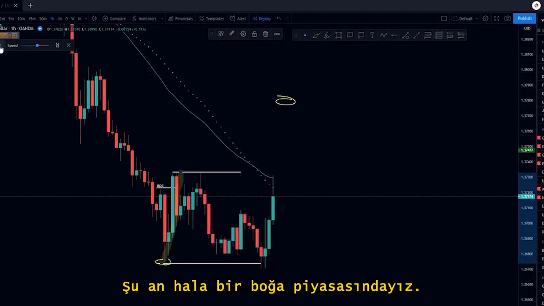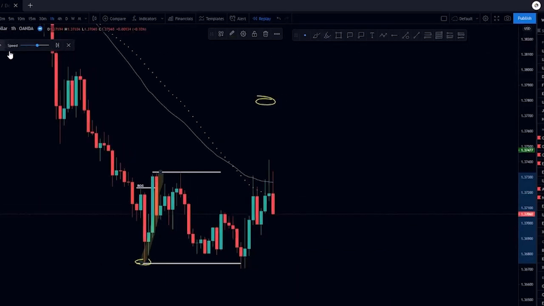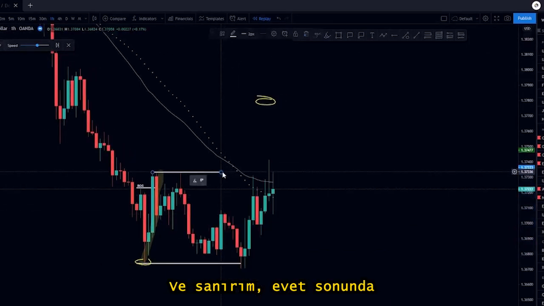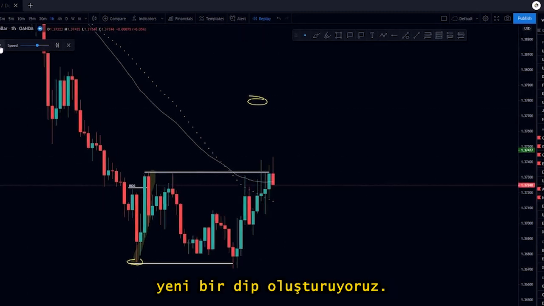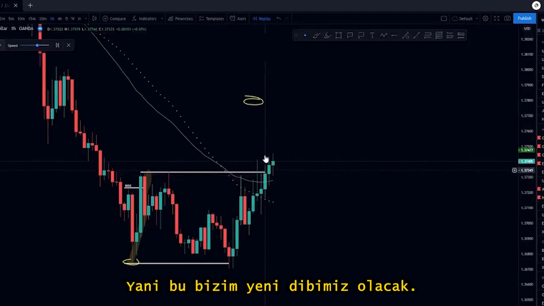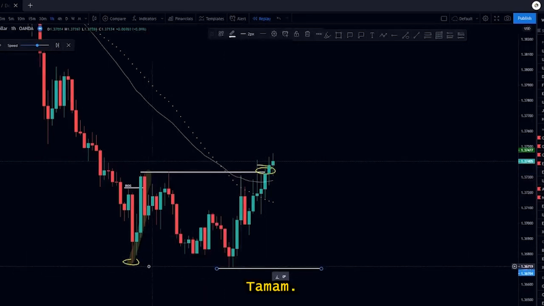So there's no signal that we're continuing with the bearish market. We're still in a bullish market. Right? Now, same thing towards the upside. We spike above, however, no confirmation of a break. And then I believe, yeah, eventually we do break this market structure to create a new low. So this would be our new low.